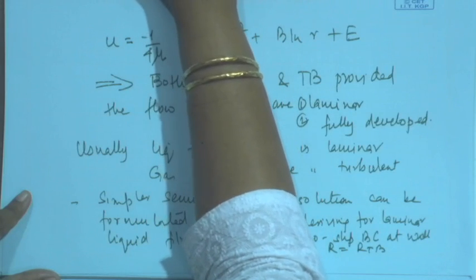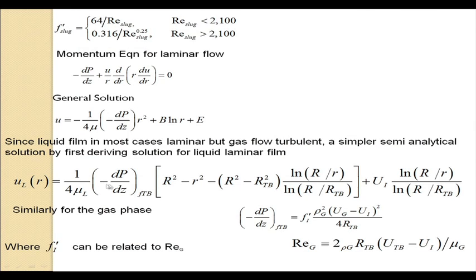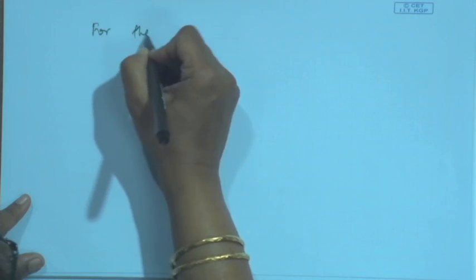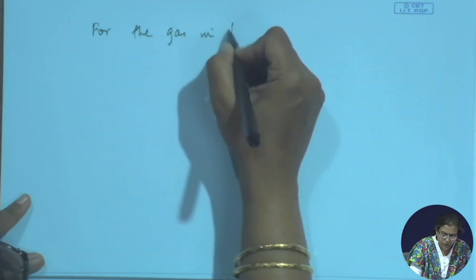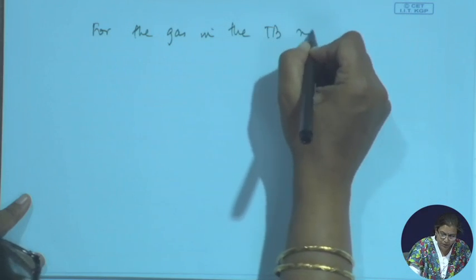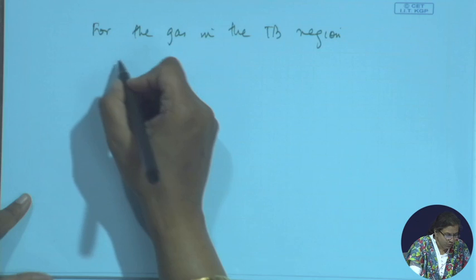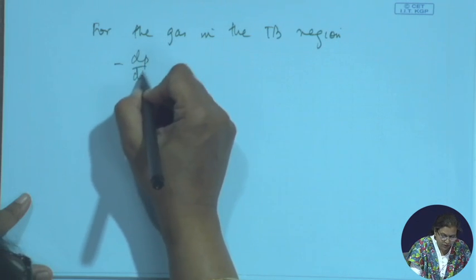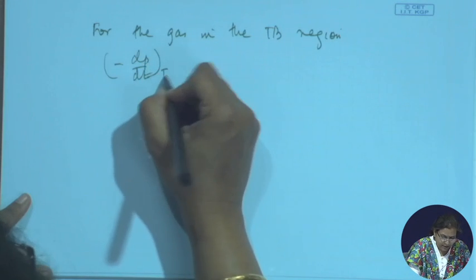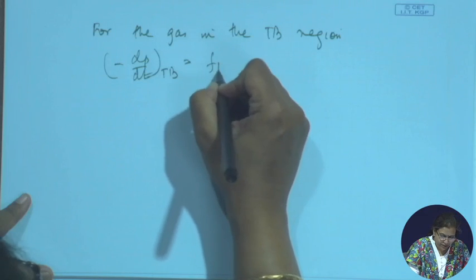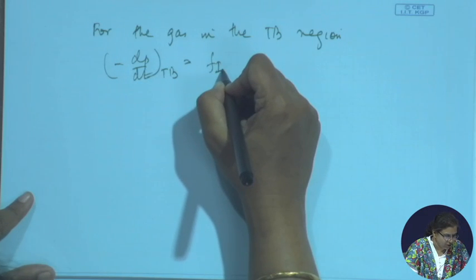Now, for such a case we find that the liquid velocity profile is obtained by the expression given here. Once we have derived this, then we go for the gas phase in the Taylor bubble region. So, for the gas in the Taylor bubble region, we can write down the momentum balance equation for the Taylor bubble region. This is again interfacial friction.